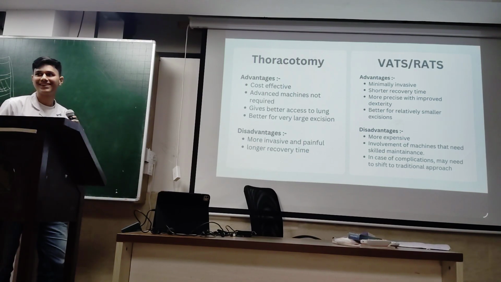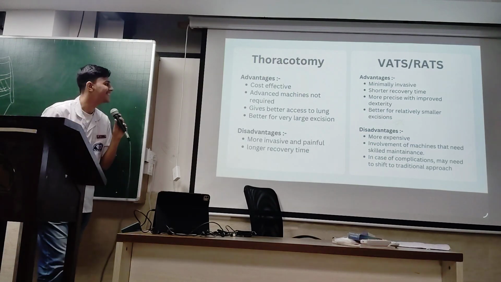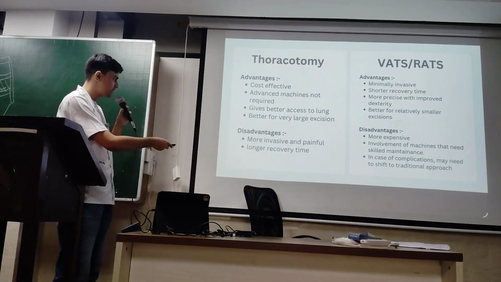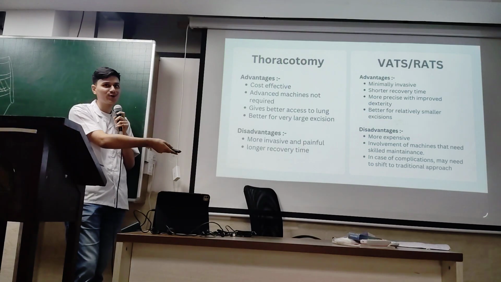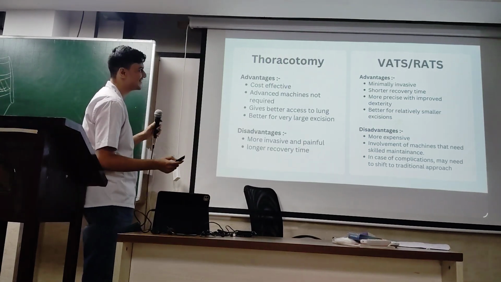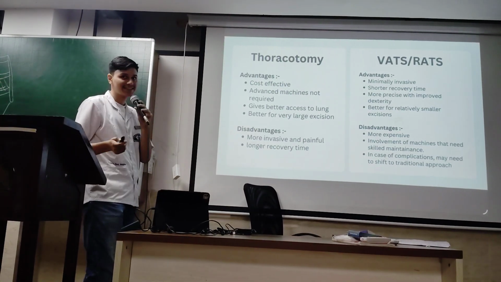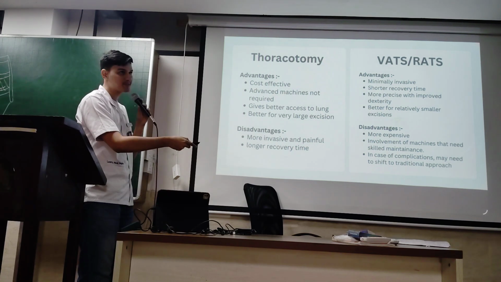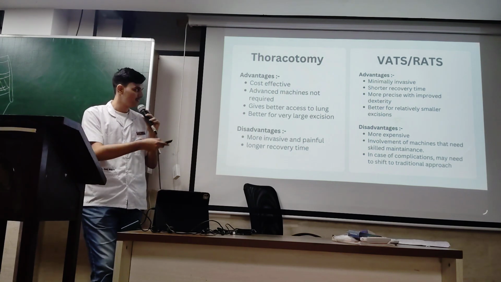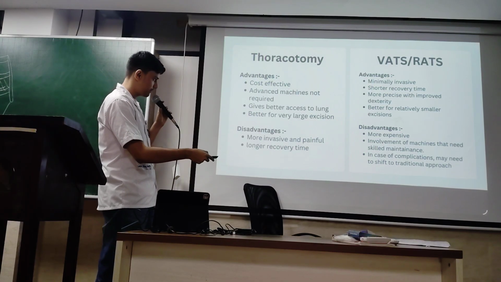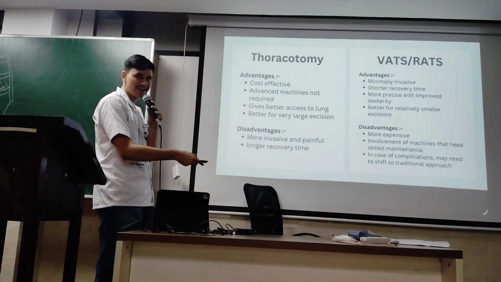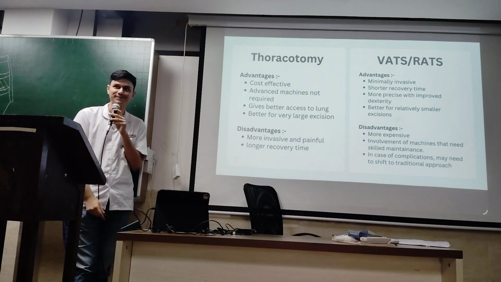They are better, I'll be coming to that. But they are also more inefficient. Then the surgery takes more time to heal. VATS and RATS, Gen Z: more expensive tastes. Also more efficient. But whenever there are complications with Gen Z, we have to turn to parents.